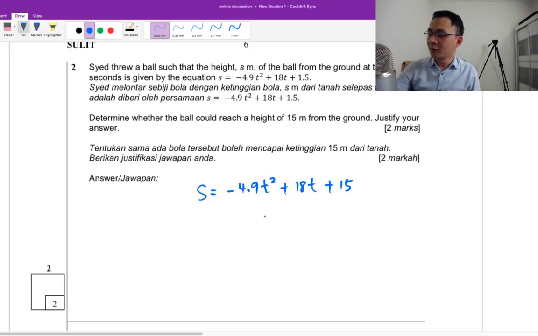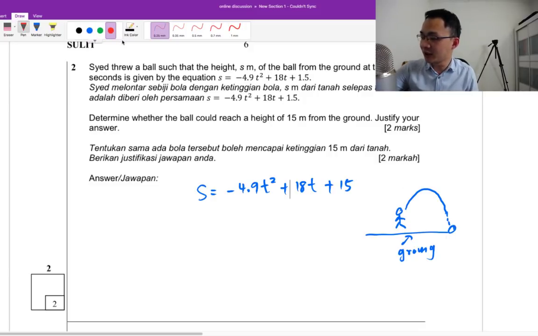Roughly I get the idea: this is the ground. When you throw the ball from here, the ball will go up like this and end up dropping. So the process over here forms this equation.